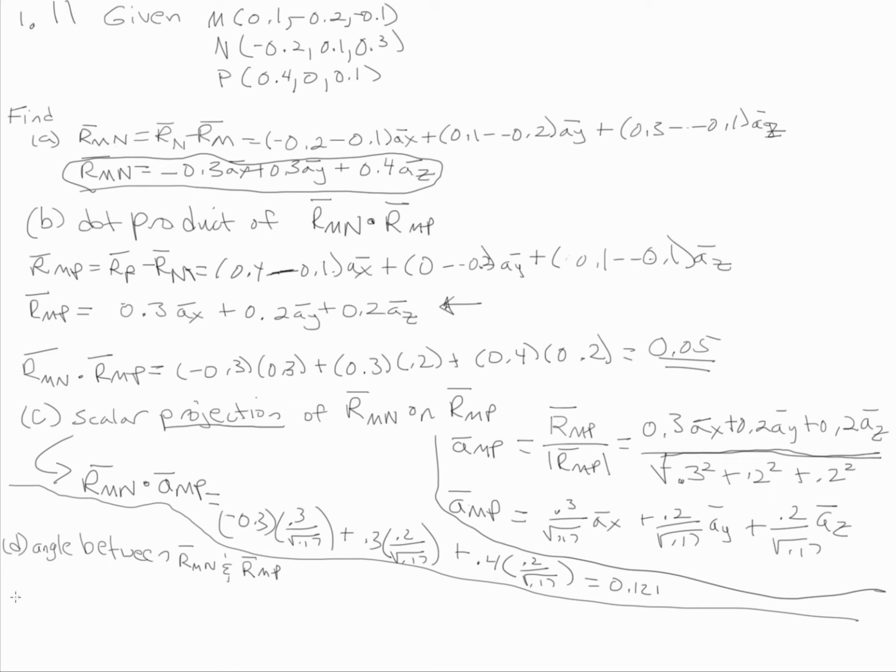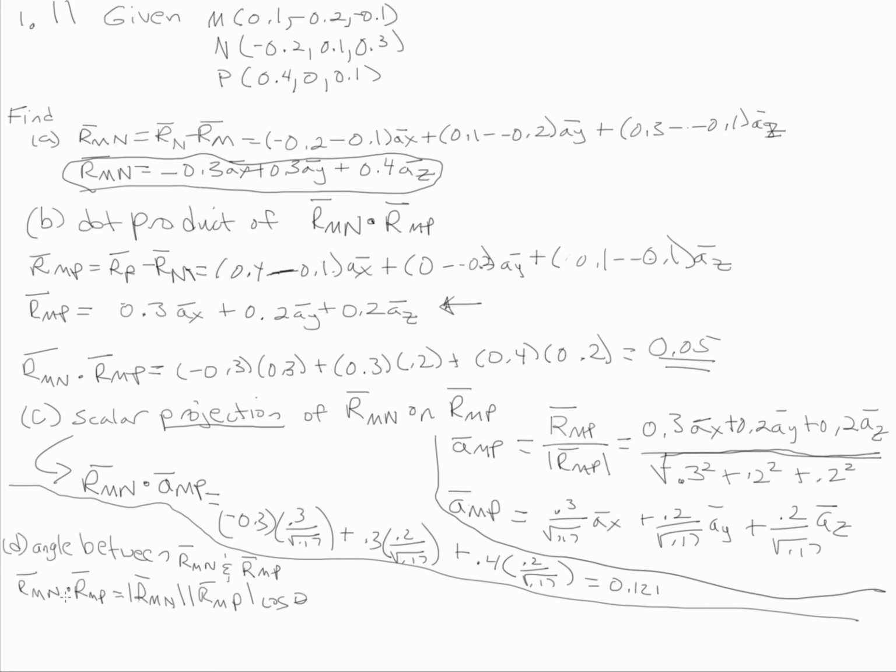Well, we can use the definition: R_MN dotted with R_MP is equal to the magnitude of R_MN times the magnitude of R_MP times the cosine of theta.